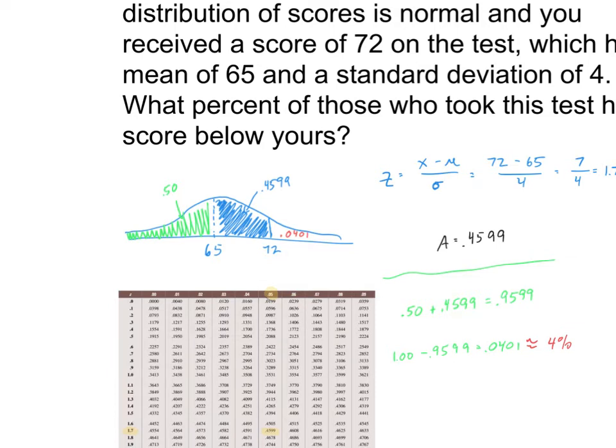So am I in the top 10%? Yes, absolutely. Let me write that 72 is in the top 10% of test takers. That's what the workflow of this problem looks like.